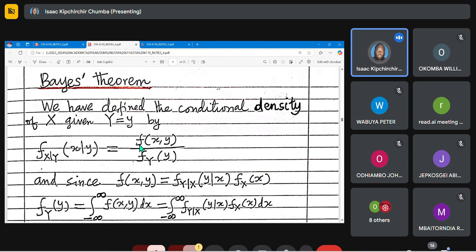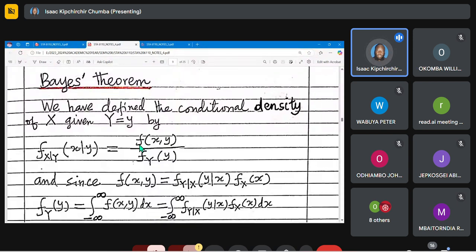This is actually the general form of how Bayes theorem is applied in most cases in terms of distributions. In fact, when you talk of Bayesian statistics, it actually uses this idea of Bayes theorem. And you shall see when you start inference that we are actually using Bayes theorem.